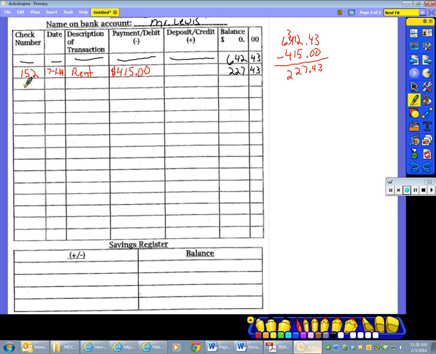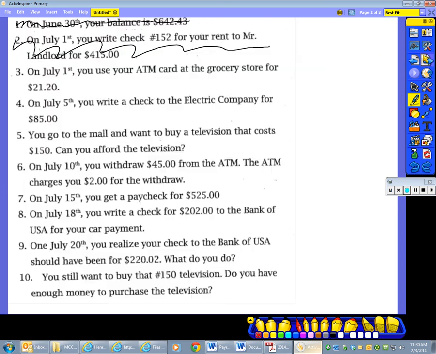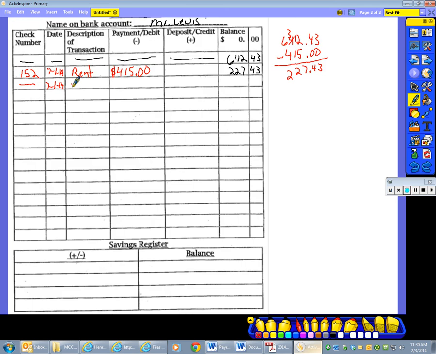I'm just doing that because it's costing me money. So again, this is July 1st, 2014, and I used it at the grocery store. So I'm going to say description, you can say grocery store.